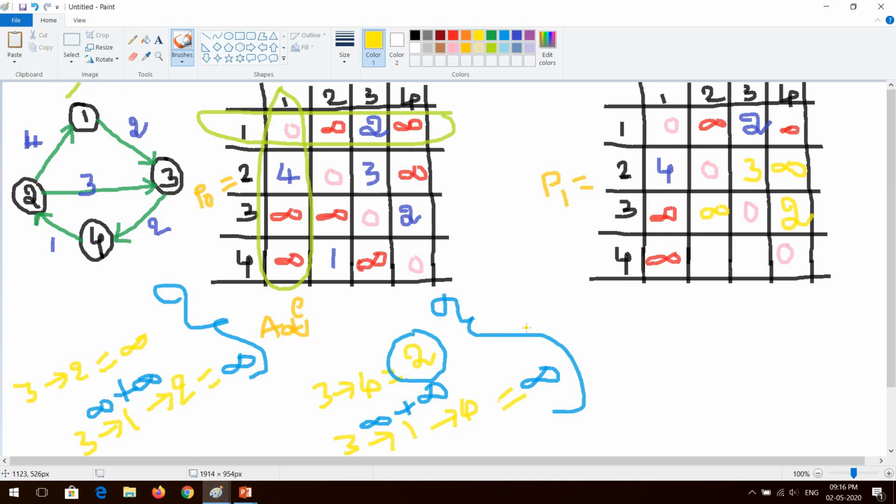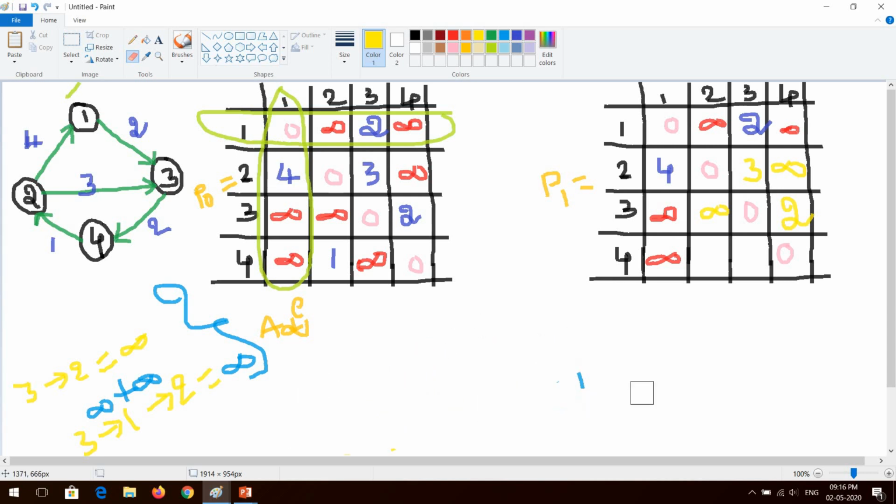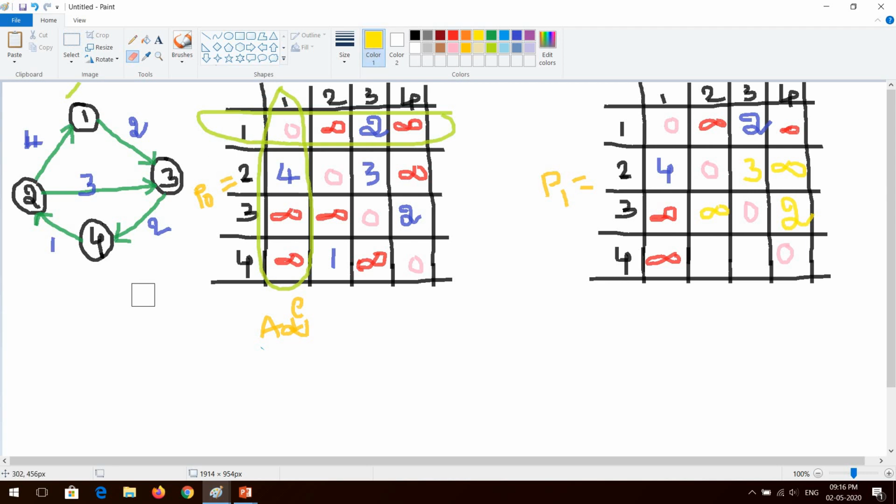Next one, 4 to 2. Earlier, how much cost do we have for 4 to 2? We have cost 1.